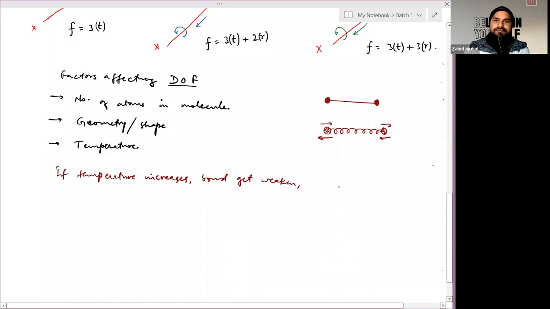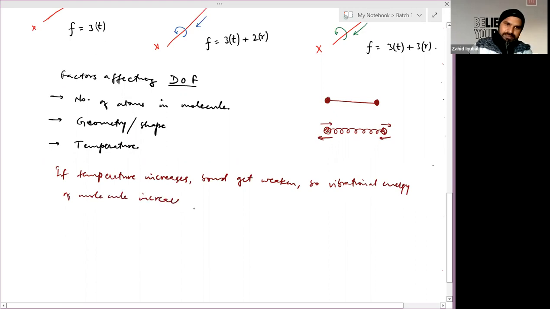So the vibrational energy of the molecule increases. Hence, degree of freedom increases.